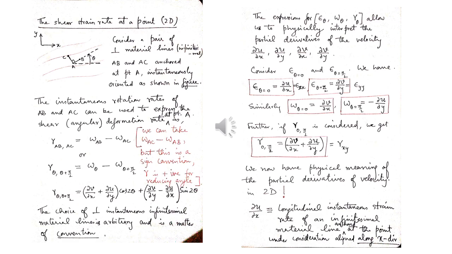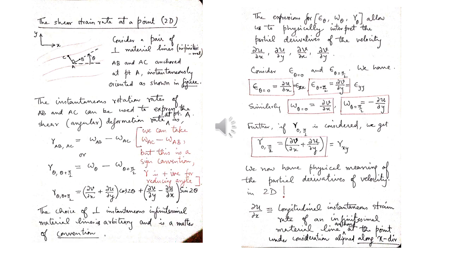If you perform the algebra and simplify, you get a final neat looking expression for shear strain rate between any pair of infinitesimal material lines that are initially perpendicular and oriented at some angle theta with respect to the x direction, and this shear strain rate is given the notation gamma theta comma theta plus pi by 2, and this is equal to this expression on the right.